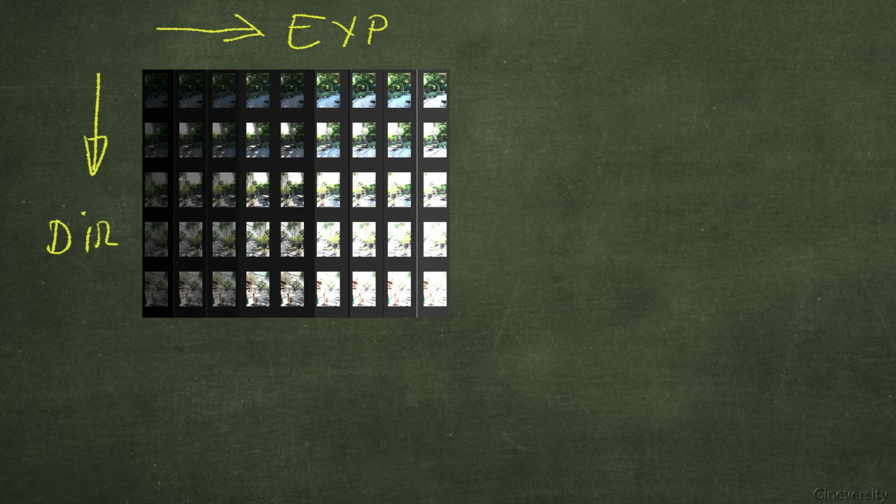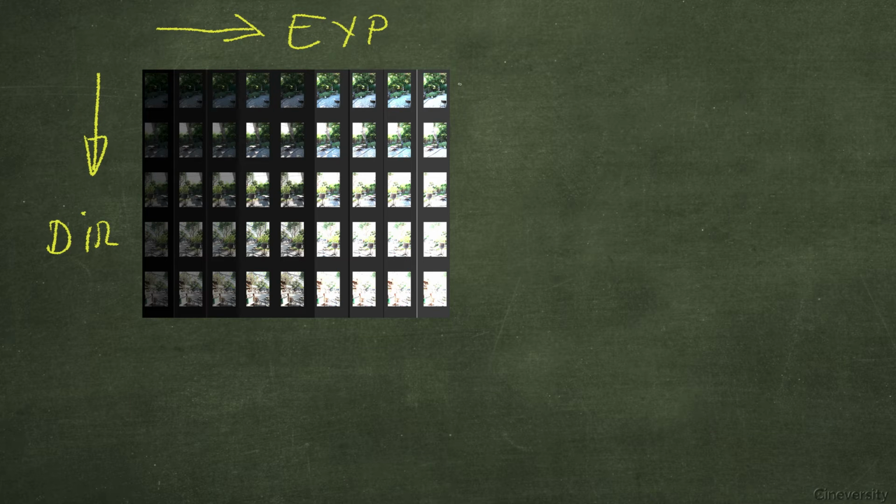Let's start with one, and that's maybe the most work intensive, but also the most precise and the most careful version, I would think. That means we go first exposure series by exposure series.